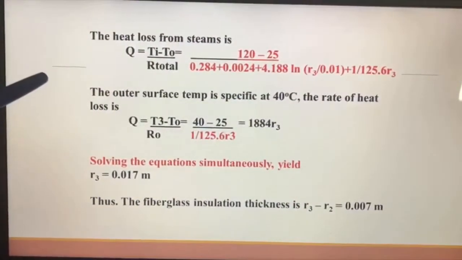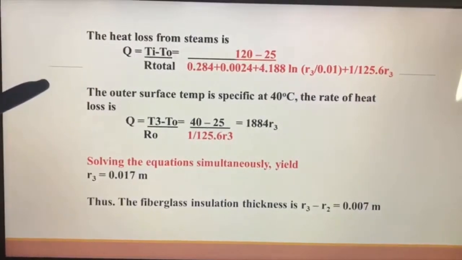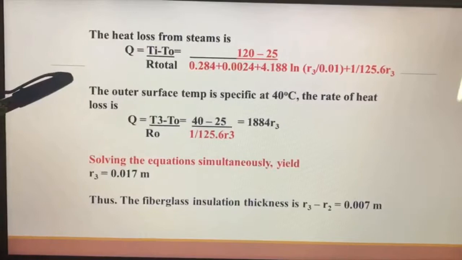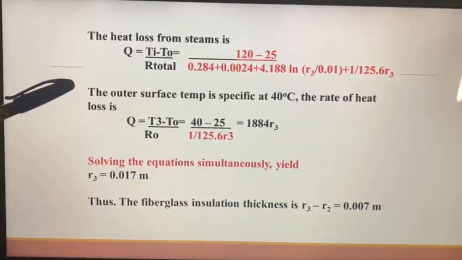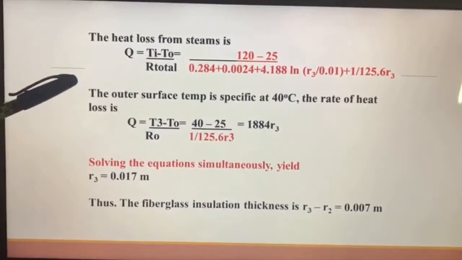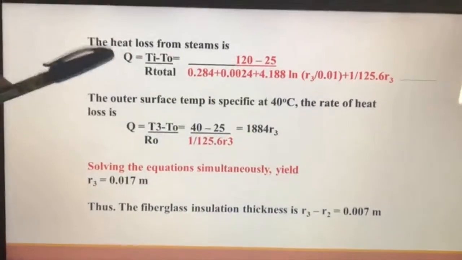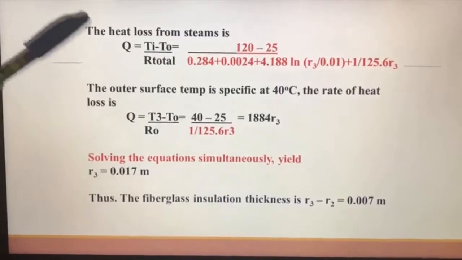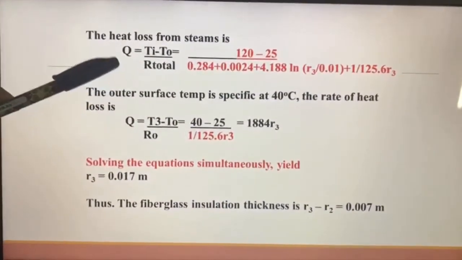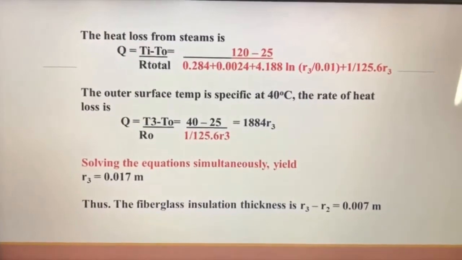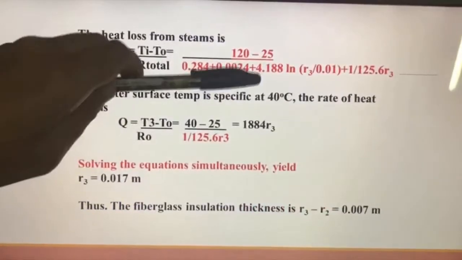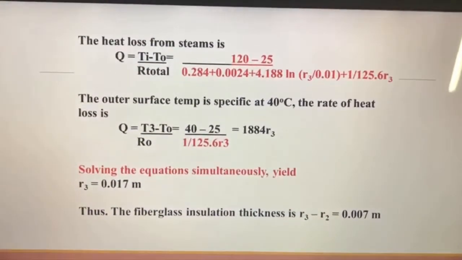So the formula for heat loss is Q equal to Ti minus To over R total. So Ti is given in the question, which is 120, minus To, which is 25. So for R total, we just substitute from this into the formula.